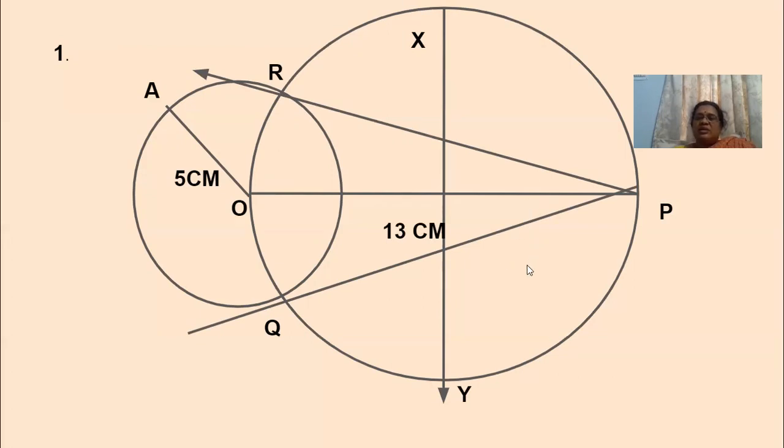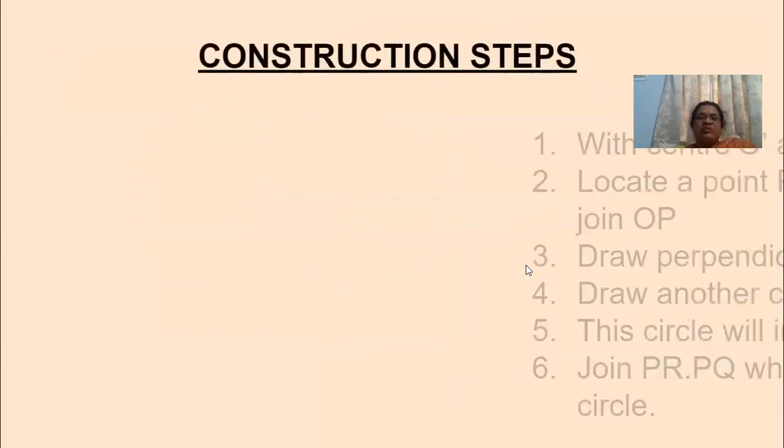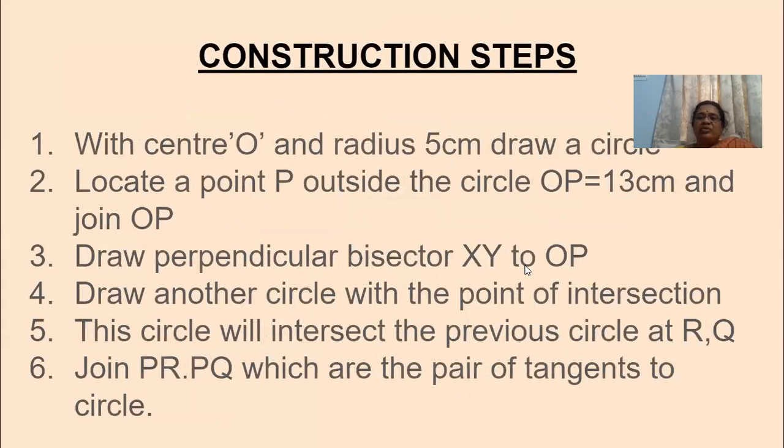And let us write the construction steps now. The construction steps are, the first step is what we have done. The same thing we have to write in written. The first, what we have done, we have drawn a circle with radius 5 centimeters, and what the next step is, we have located a point P outside the circle, that is 13 centimeters away from the center of the circle, and we have drawn the perpendicular bisector.